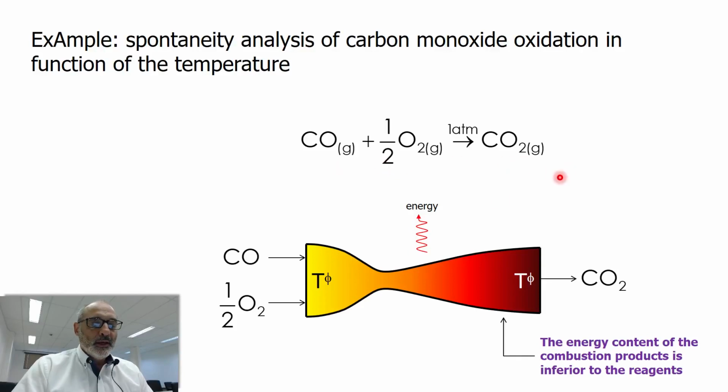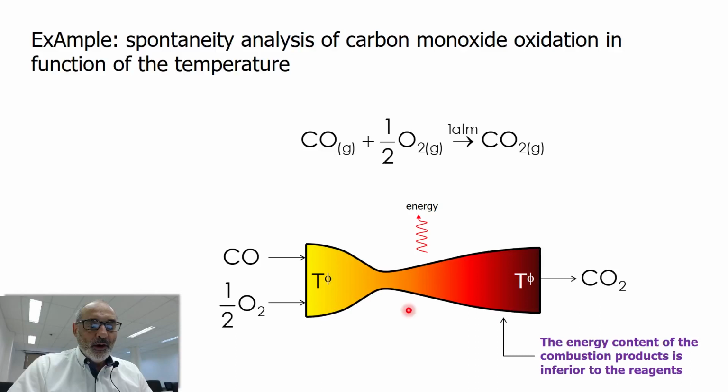It's like having a reactor. CO is the fuel, O2 is the oxidant. An important point here: we're going to calculate right now at room temperature, T0, our environmental reference temperature.